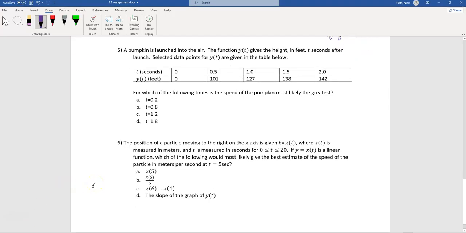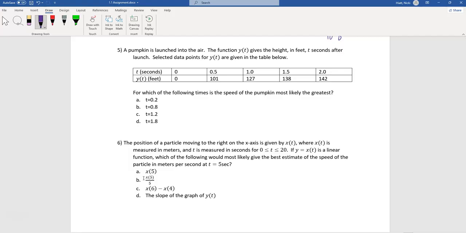All right, and 6 is probably the hardest one. What do you guys think about 6? B or D? Which one is B? Okay, what do you think? D? Okay, D. All right.